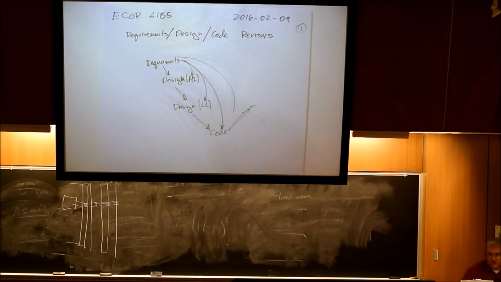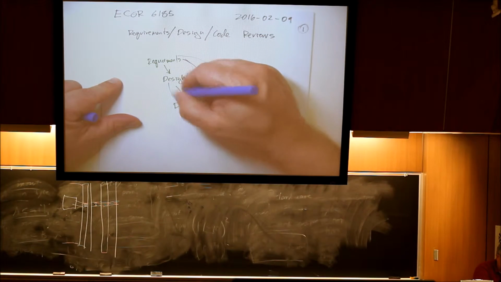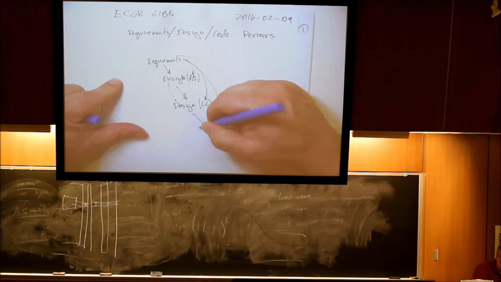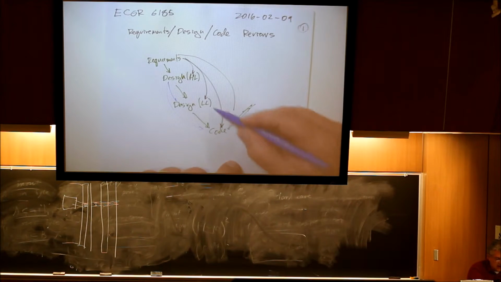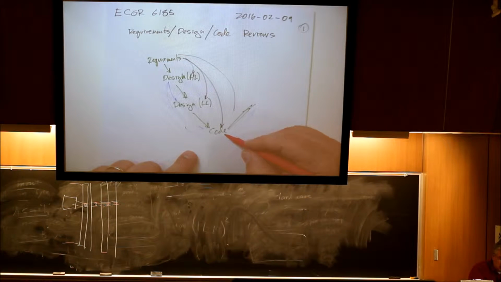The test and the functionality, etc. If you have a bad design, what does that affect? Well, it affects the low-level design and the code, and then, of course, everything on the way up. If you have bad code, what does that affect? Well, the testing up there, and of course, the eventual product, right?